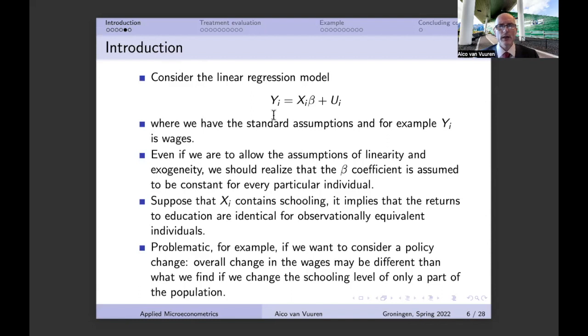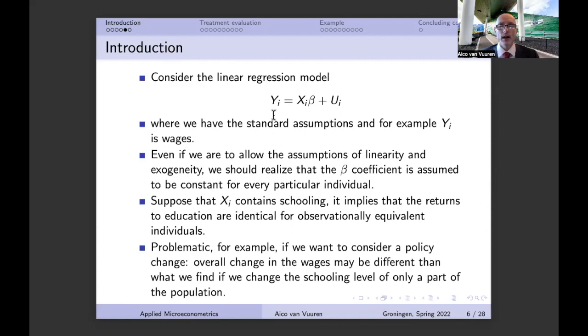But we should take into account that these are typically individuals that have the highest returns to education, the highest return to university, because that's the reason why they actually chose to go to university, even in the case that it was not that attractive yet. The moment that you make it more attractive to go to university, then more people will of course start university.